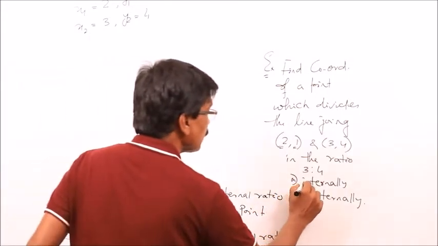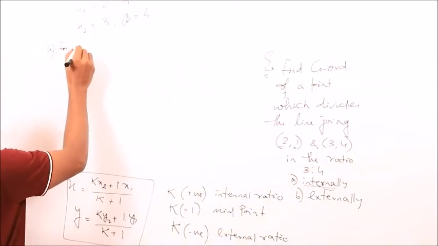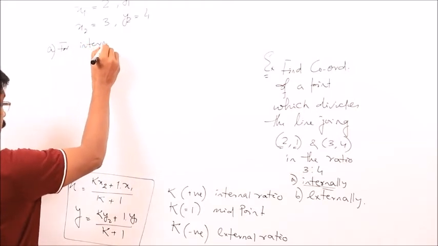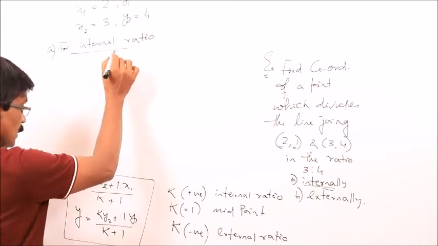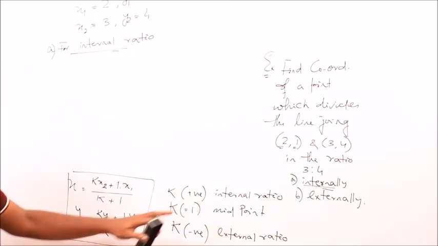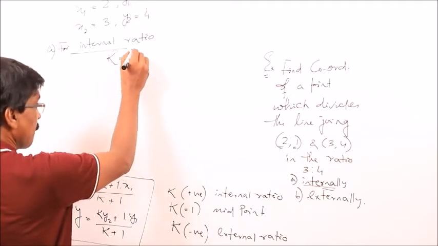So for internal ratio, k is positive, that is k is equal to 3/4.